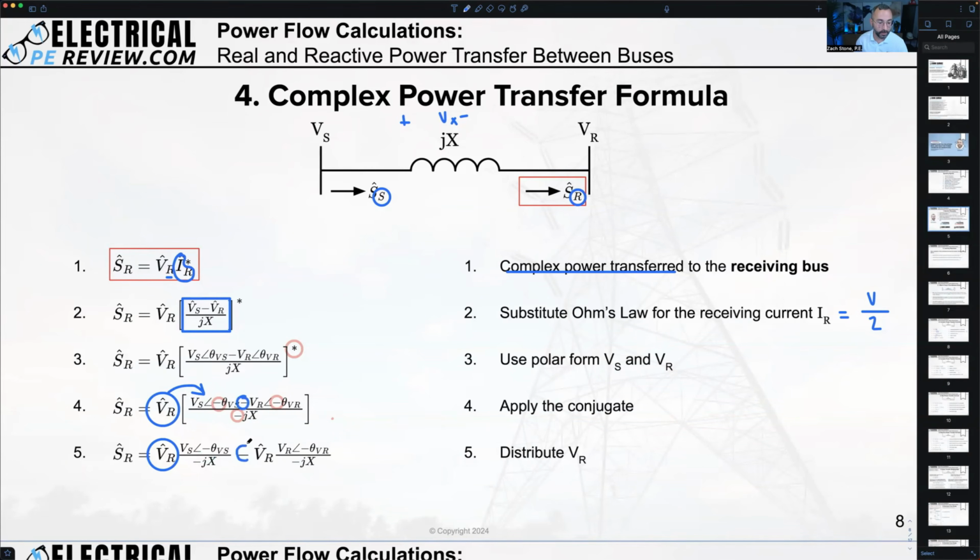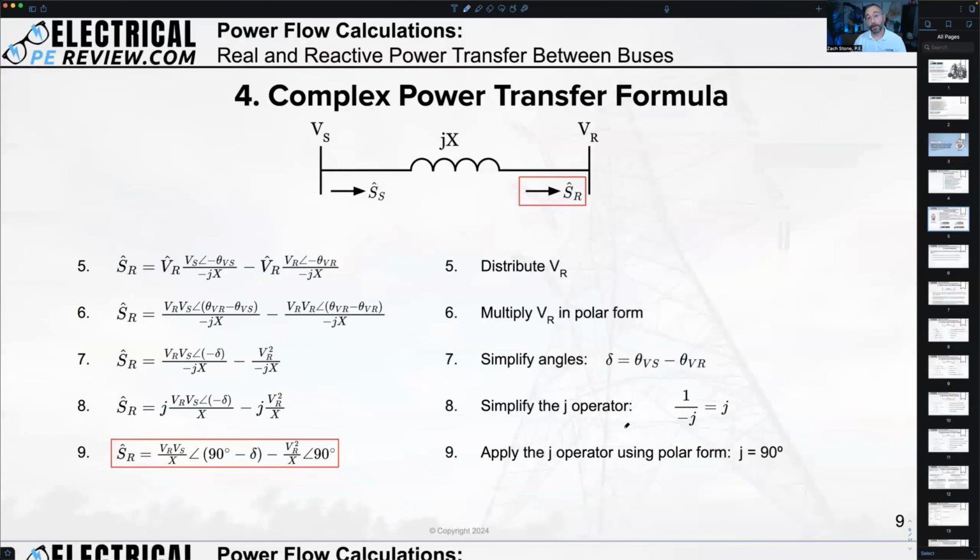Here's this minus sign, no change to that. And then again, we're distributing the complex receiving voltage into that bracketed term. So we've got our complex receiving voltage times the conjugate of our receiving voltage, and here's the conjugate of our line impedance. All right, we're getting close.